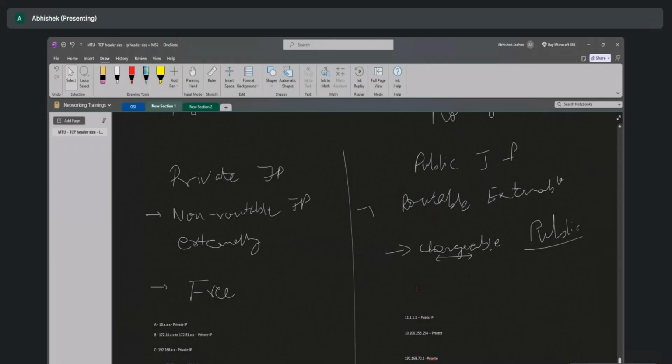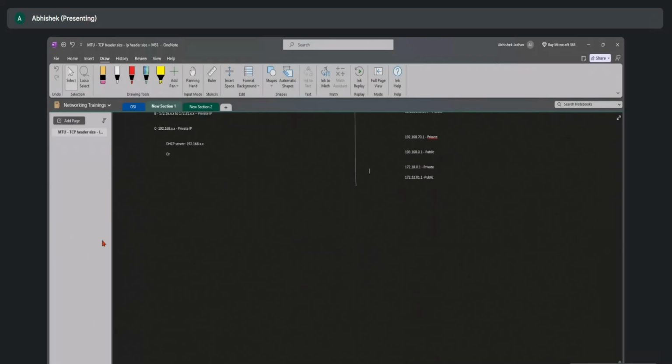Okay. Now there is a concept apart from IPv4, we have IPv6, right?